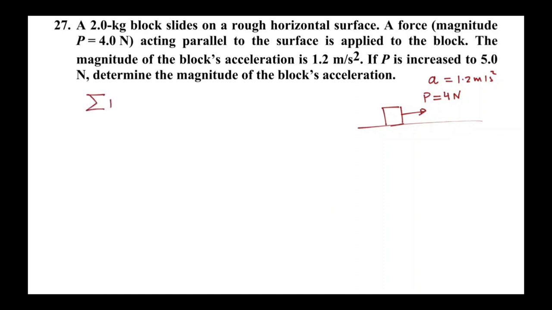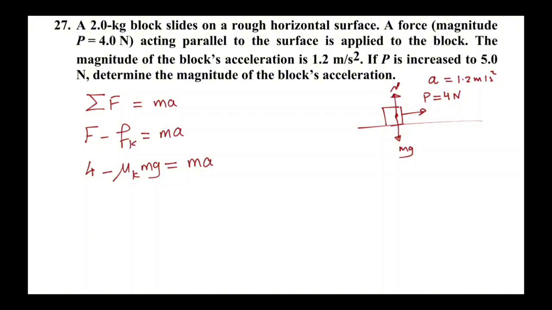Sum of all forces equal to ma, and F minus Fk equal to ma, and 4 minus mu k, normal, in this case it's equal to mg, equal to ma.